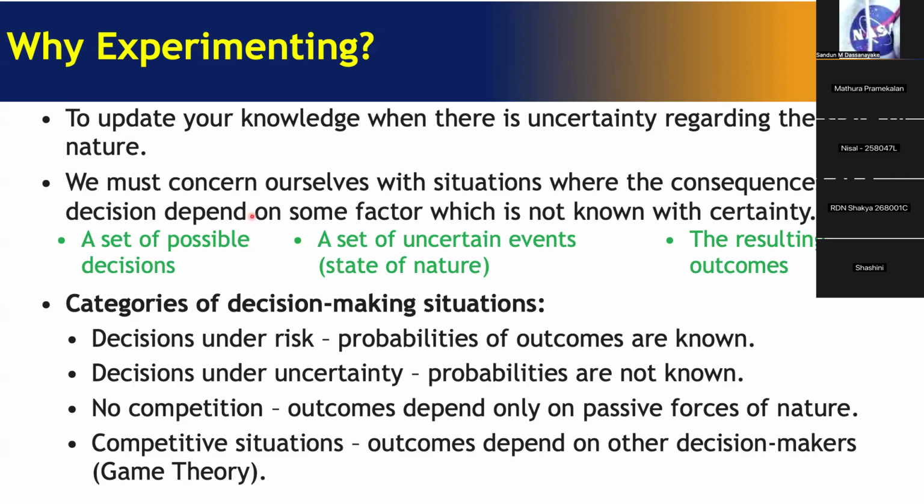So this is why we do experimenting, because if you ask me why do we do experiments, I would say because we as a species are afraid of uncertainty. That's why we do experiments.